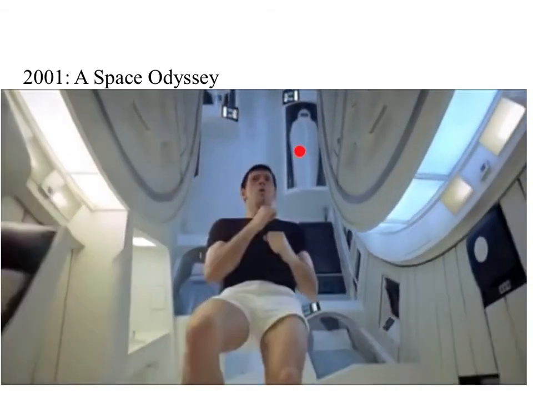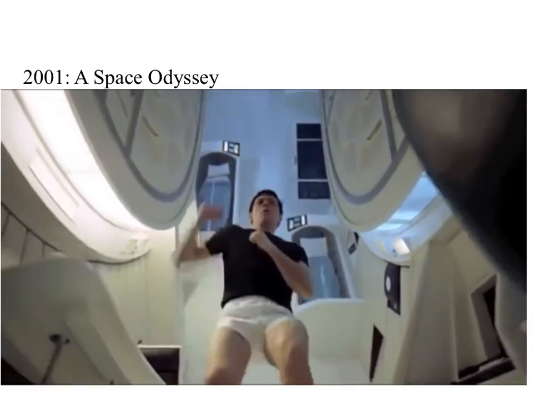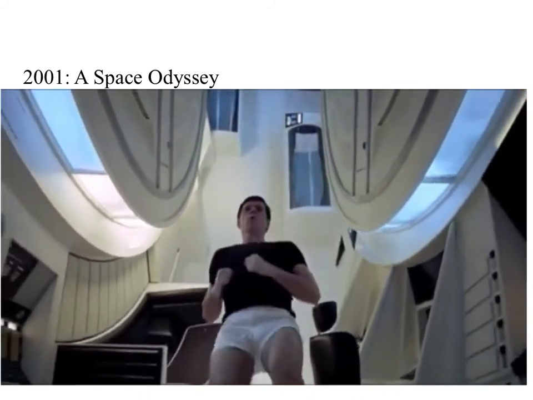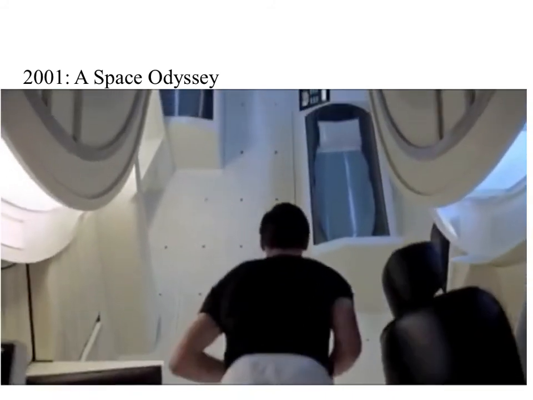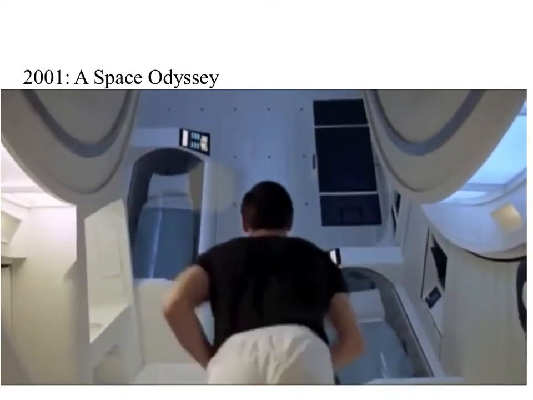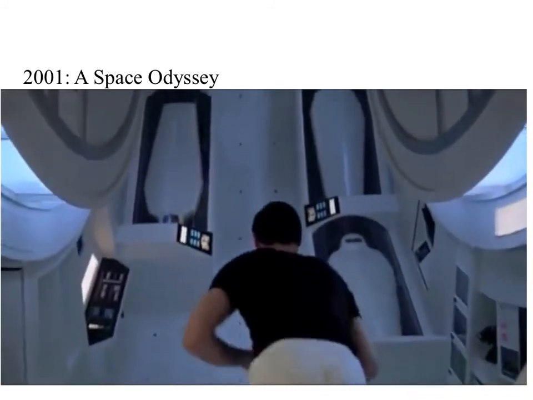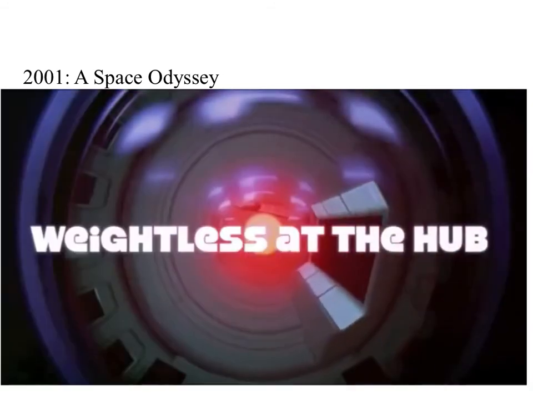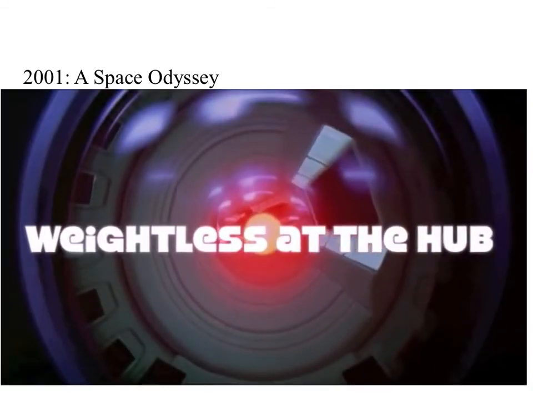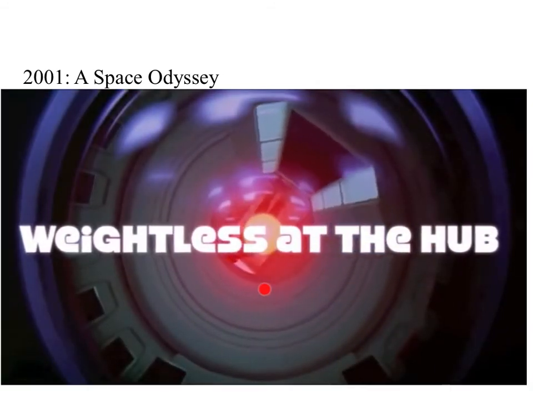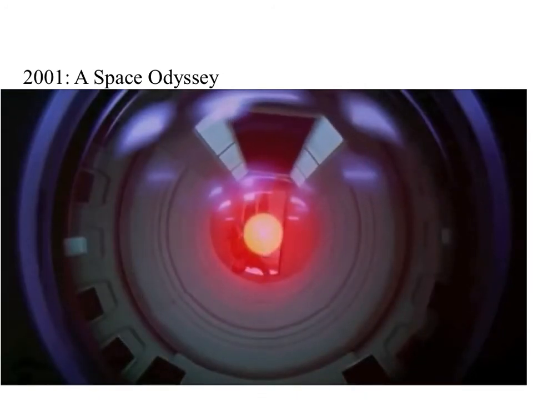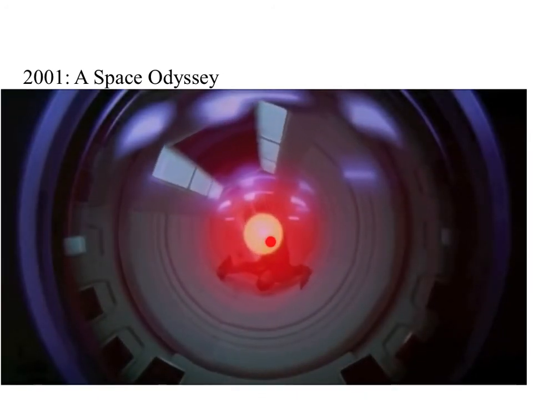You can also see the 3 astronauts in cryosleep and the 2 cryosleep things for the 2 astronauts who are awake. He's run around pretty fast. He's now running the other way, actually. This is the computer HAL's eye looking at the other astronaut who's awake coming through the hub.